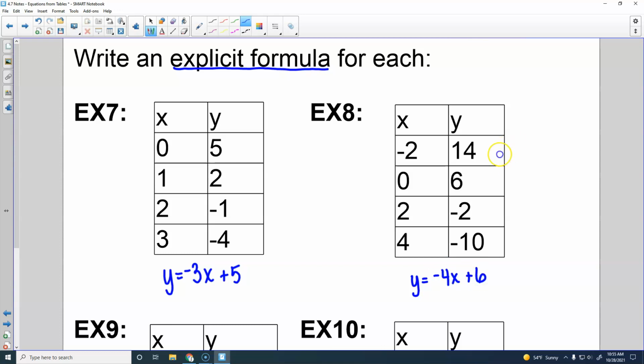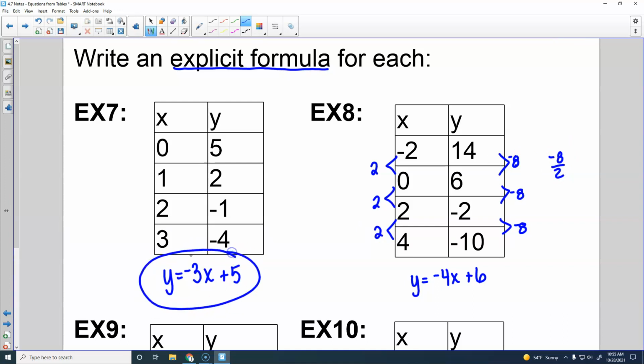On this one, you're going down by 8 each time. So it kind of makes it look like it should be negative 8, but you're going up by 2 over here. So you got to do negative 8 over 2. So we got these two. Questions on those first two?